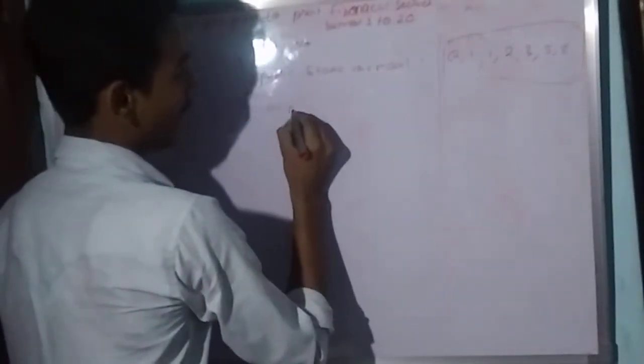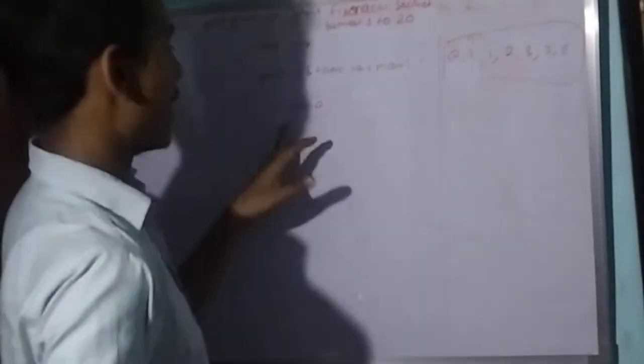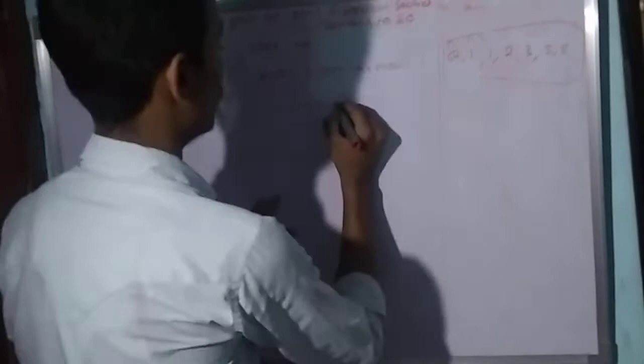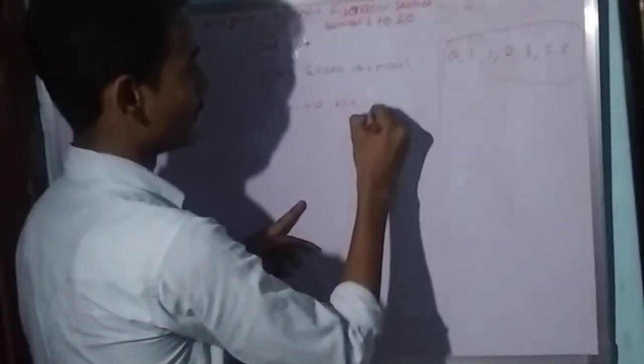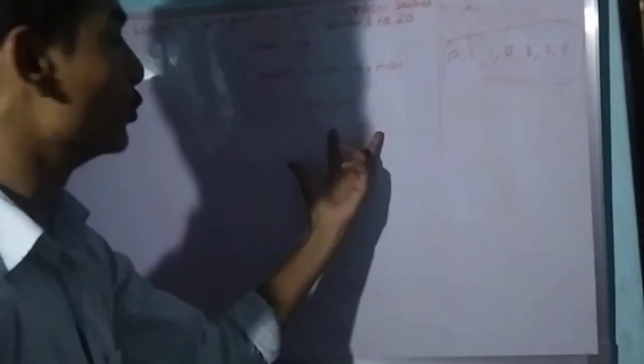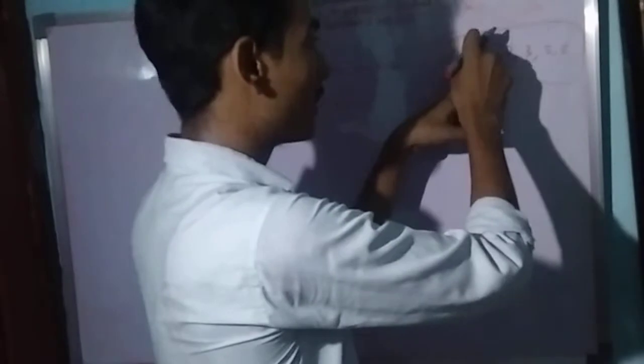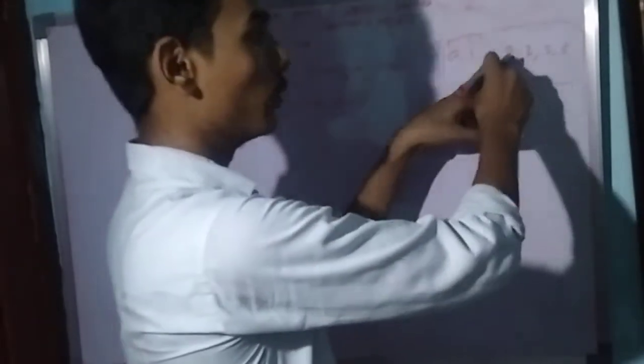Int n1 equal to 0 and n2 equal to 1. As we get the next integer by adding the two, n1 and n2 we will add, then we will get 1. Then this will become n2, and this will become n1. Then adding these two we will get the next value.